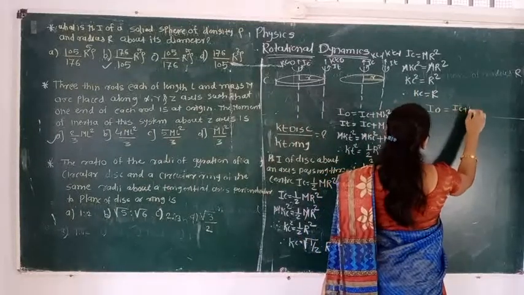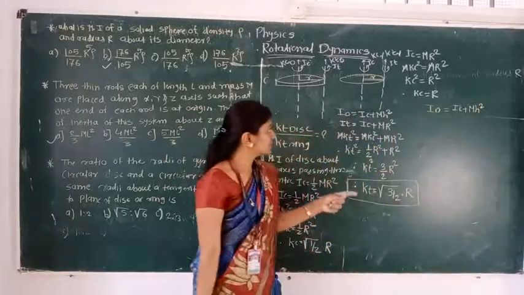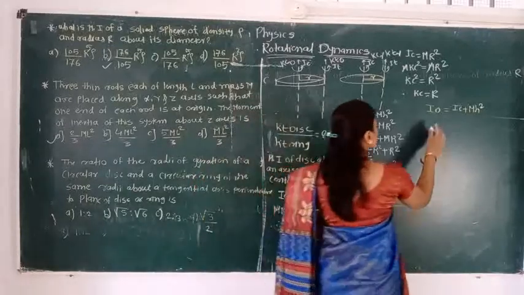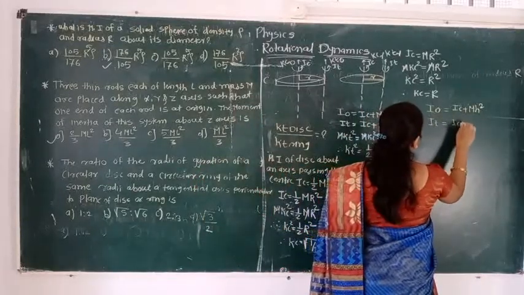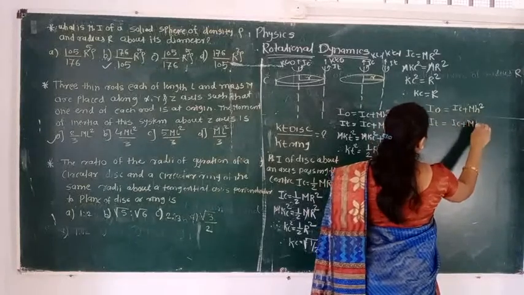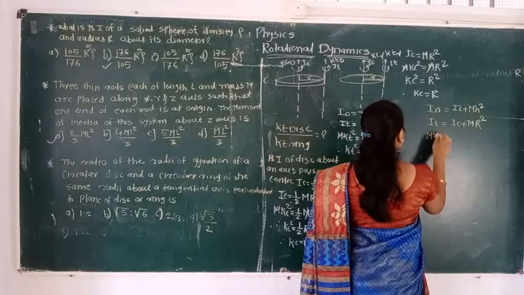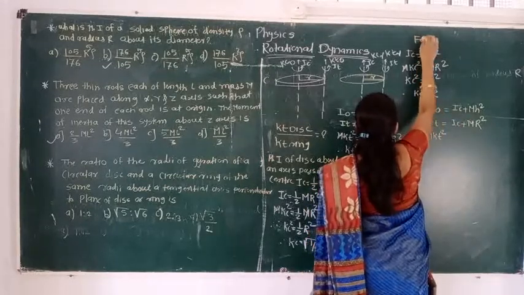I0 is equal to IC plus m r square. Here I0 means the axis is at the tangential position, so I0 is replaced by IT. Then IC is as it is, the mass is m and the distance is r. So by putting the value, m kt square, we are writing for the ring.